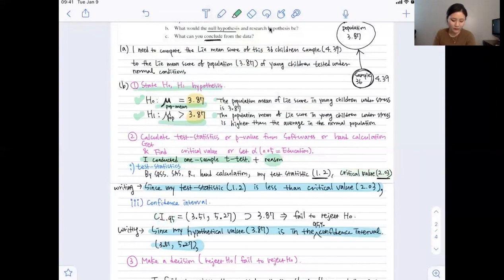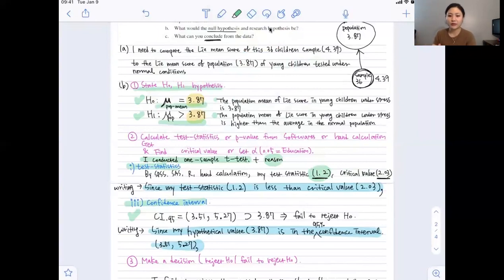If a question specifically asks you to calculate the test statistic, I would follow this line. If your question specifically asks you to calculate the confidence interval, I will also write this line. If your question does not ask for a specific test statistic or confidence interval or p-value, you can use one of the three, which is test statistic and critical value, or confidence interval, or you can compare your p-value to alpha.